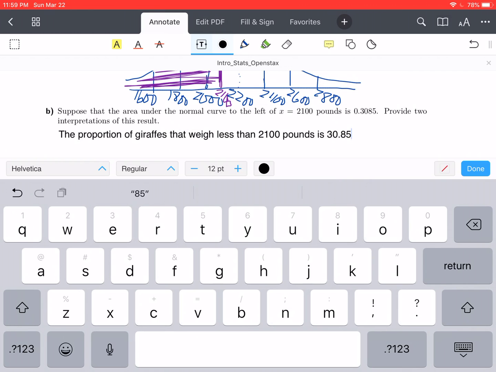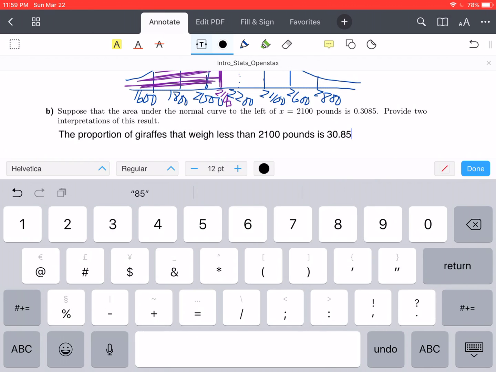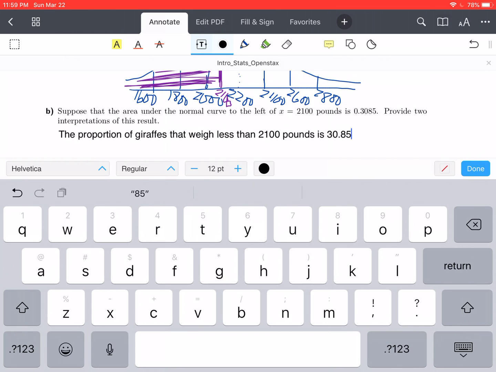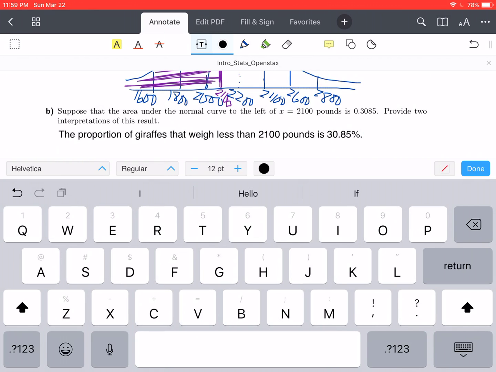Wherever my percentage key is. I don't see a percentage key. Oh, wait, there it is. There we go. So the proportion of giraffes that weigh less than 2,100 pounds is 30.85%.